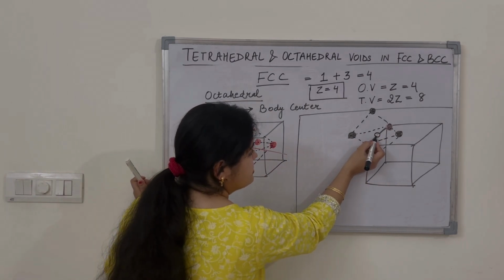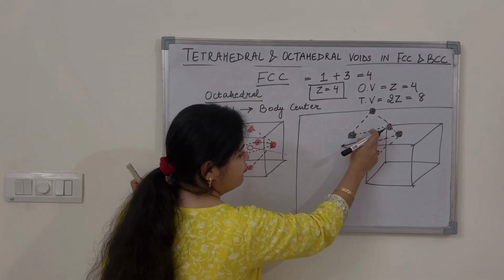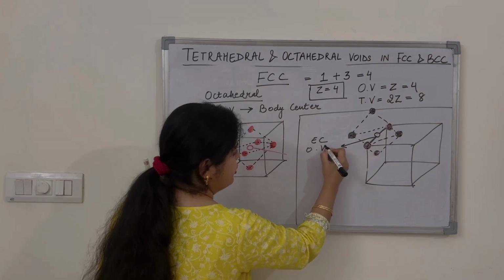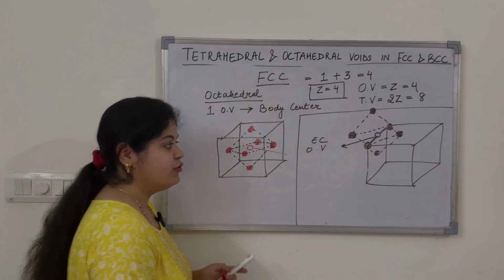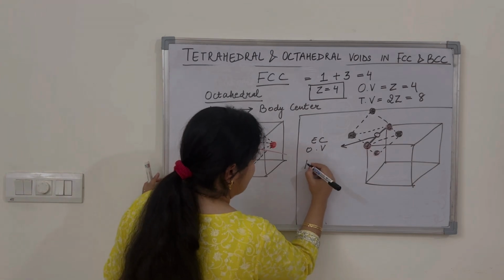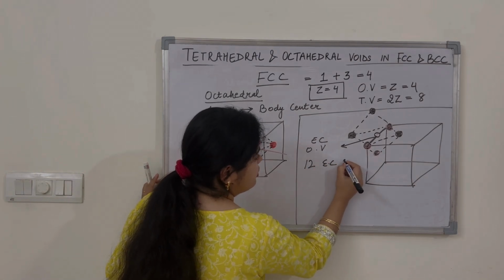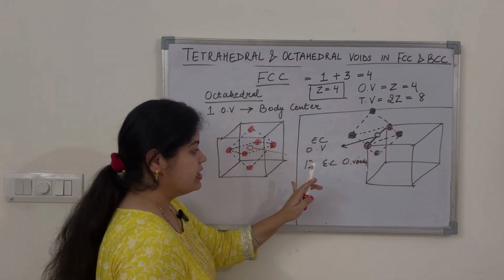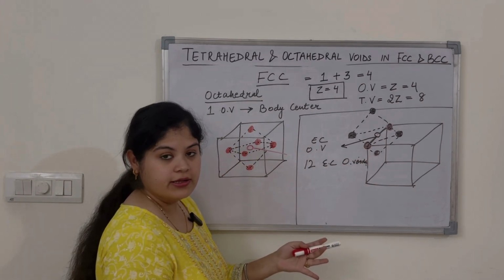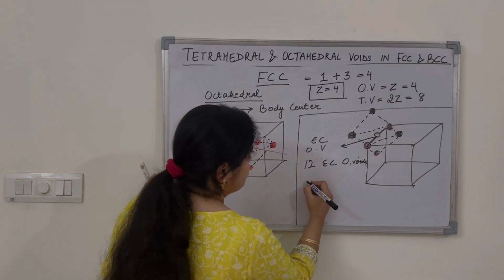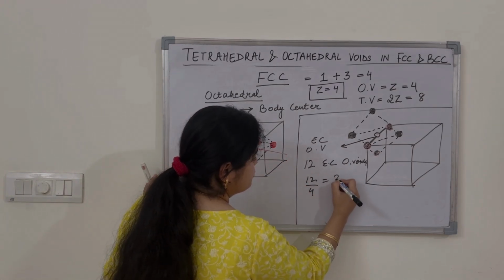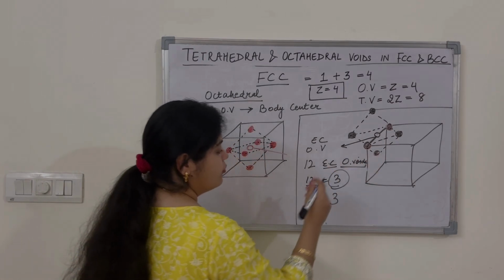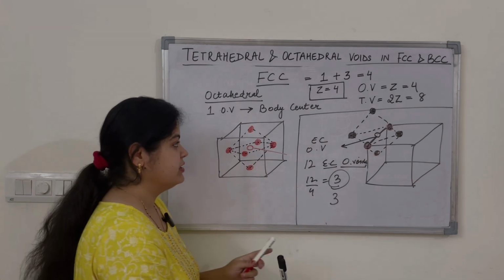So this edge centered void is known as edge centered octahedral void, and we have 12 edges. So we have 12 edge centered octahedral voids, and one edge is shared by 4 other unit cells. So 12 by 4 is equal to 3. So we have 3 edge centered octahedral voids that contribute to one unit cell.